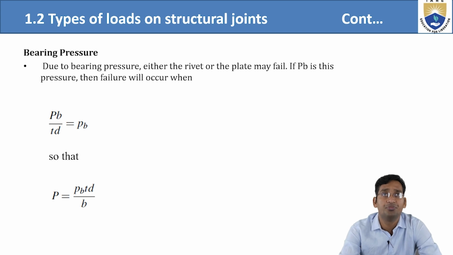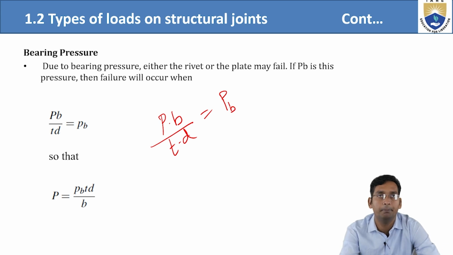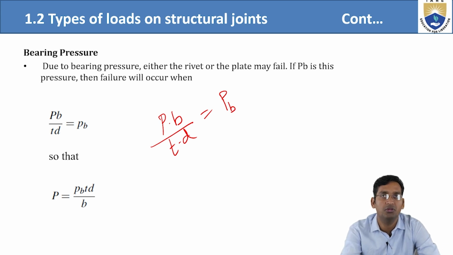Now the second one is bearing pressure. Due to bearing pressure, either the rivet or the plate may fail. If PB is the pressure, then failure will occur when P by B into T into D equals PB. What is PB here?